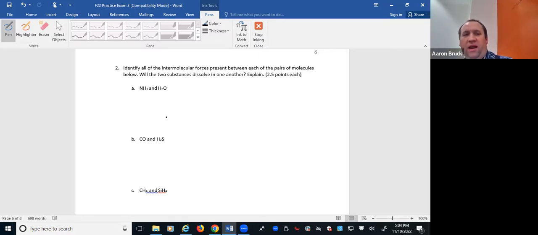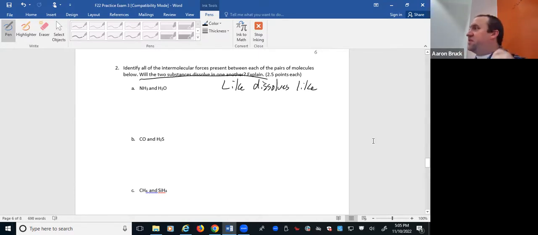Well, for answering this second question, what we really need to get into is the principle of like dissolves like. If the two substances have similar kinds of intermolecular forces, meaning all polar or all non-polar, then we know that they will dissolve. If we have a mismatch, then we know that they won't.